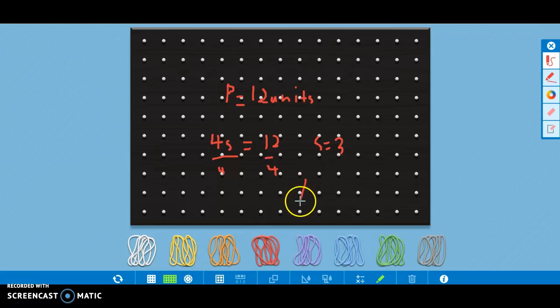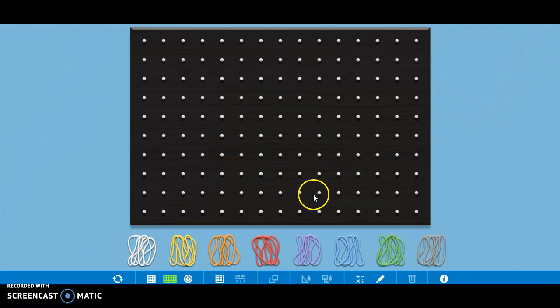And then with that, we can find the area to be equal to the side length of 3 squared, which is equal to 9. And we can represent that on our geoboard very, very simply. Like this. And that's our shape. Very, very simple thing to do.